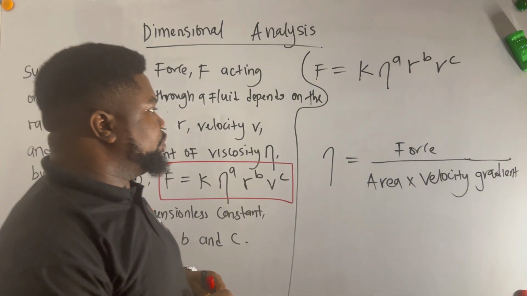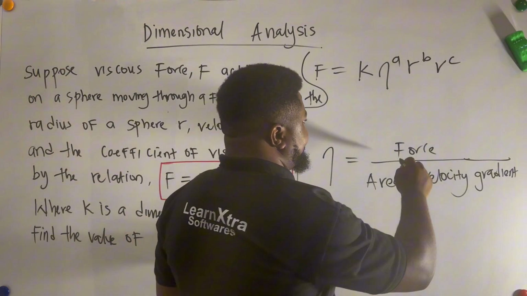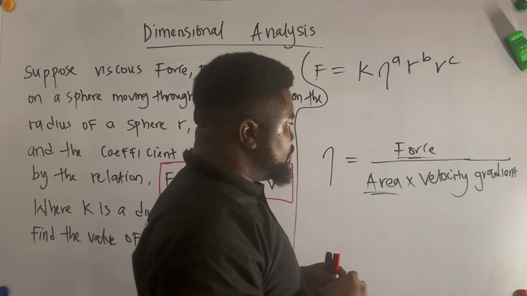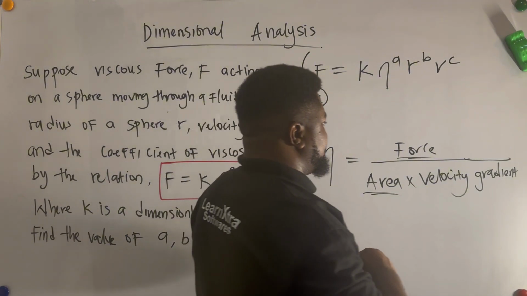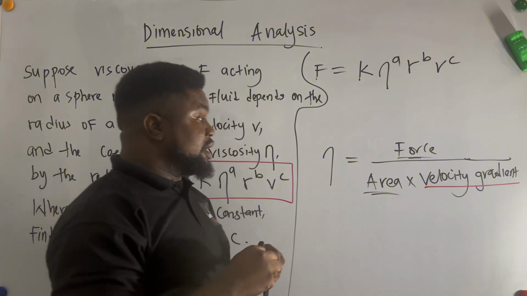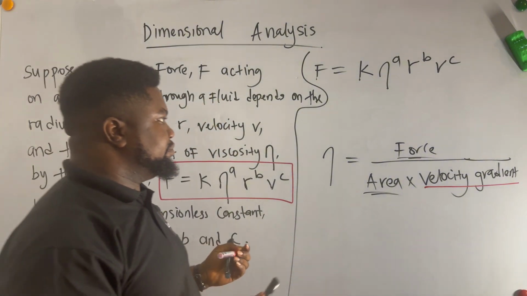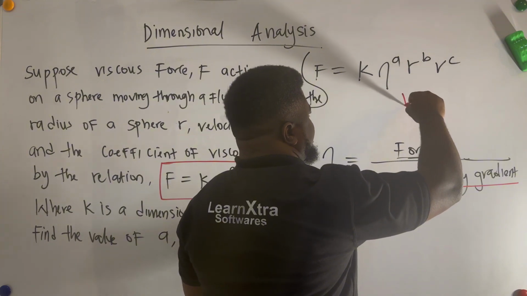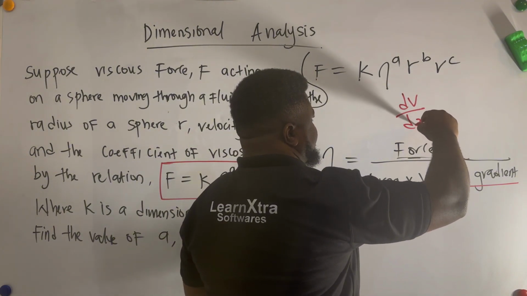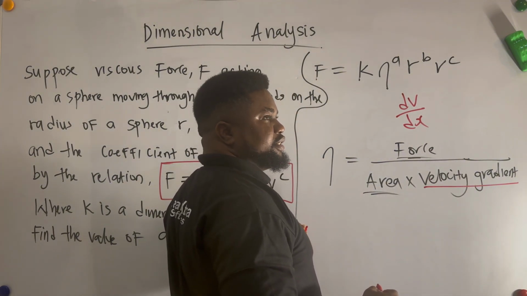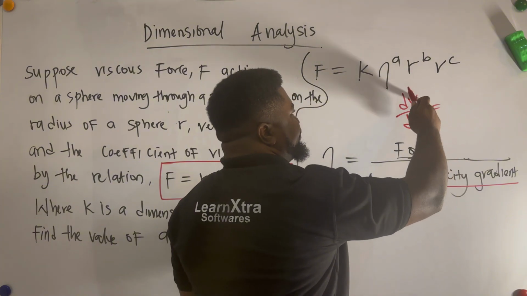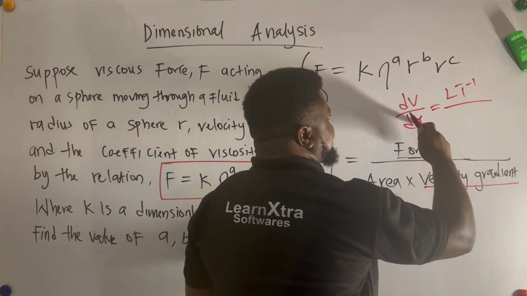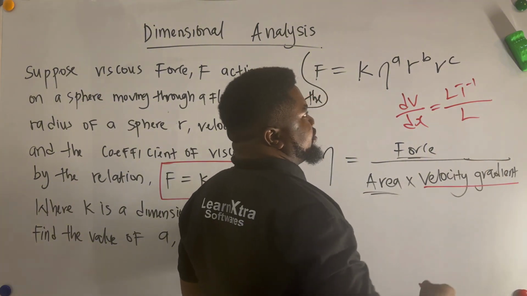So with this we know what force is, we know what area is. The issue now will be velocity gradient. I'll still show you. This is just the v upon the x. Yes, so the dimension for v is LT minus 1 and x is L.